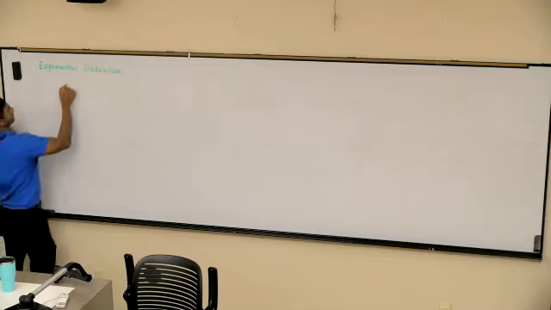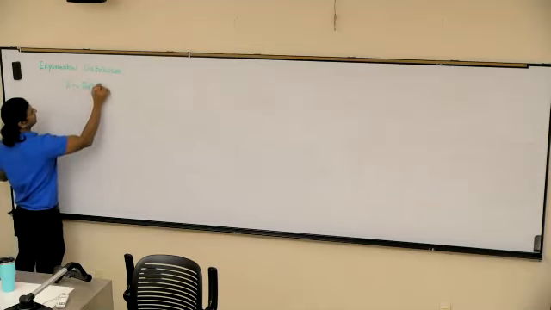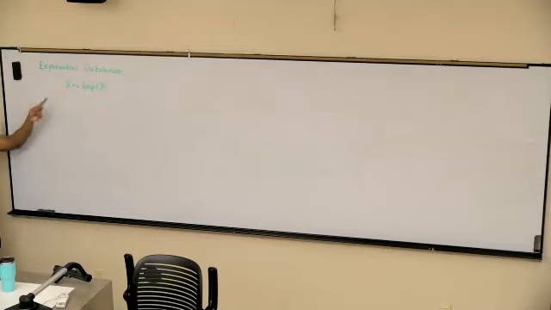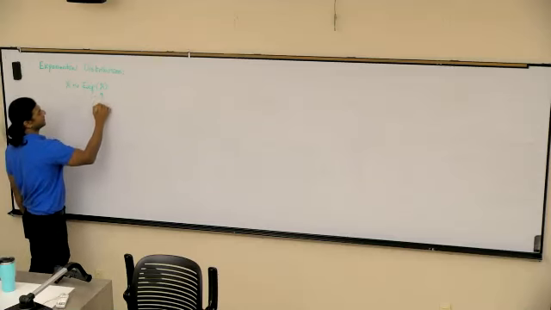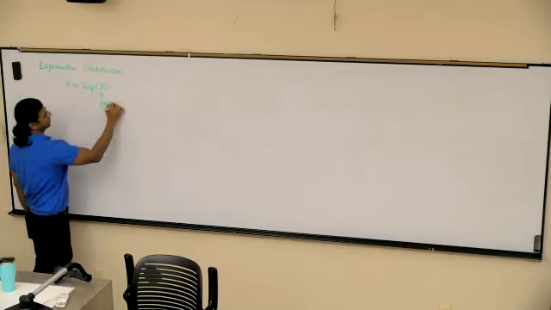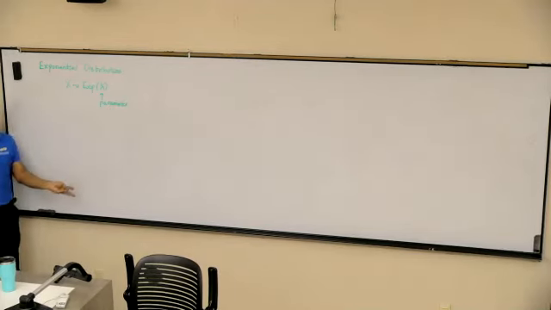Exponential distribution. X is said to have an exponential distribution with parameter lambda. That's what we call the rate parameter.